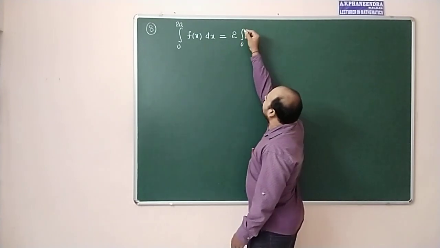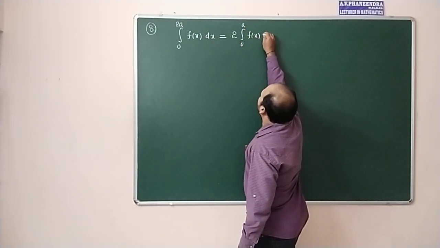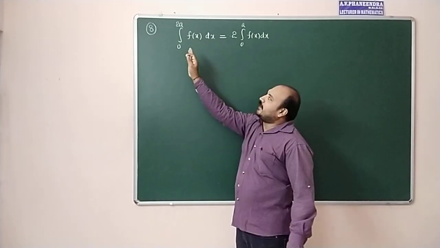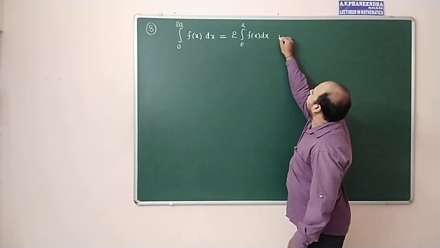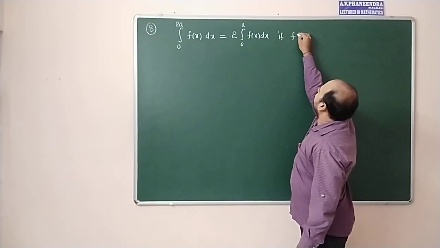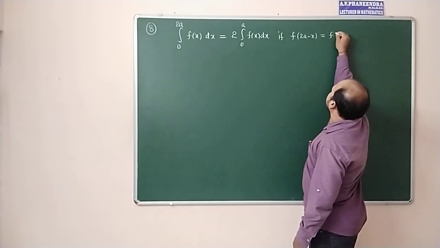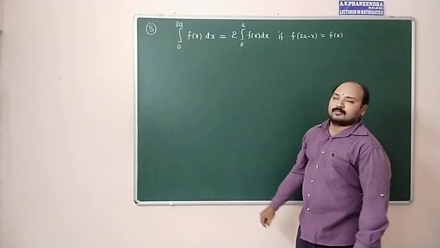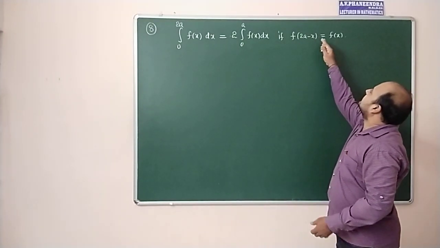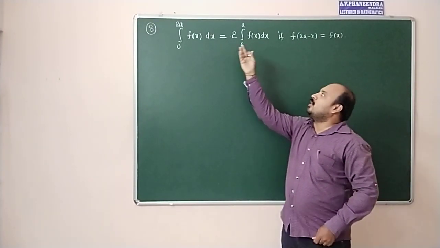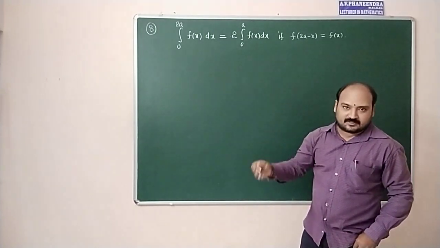Half of that is what? a. f of x dx. We can express integral 0 to 2a of f of x dx as this one if f of 2a minus x is equal to f of x. If you are able to express f of 2a minus x is equal to f of x, then only we can write it as 2 times integral 0 to a of f of x dx.